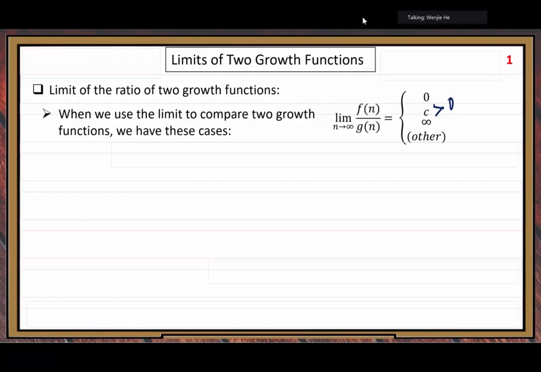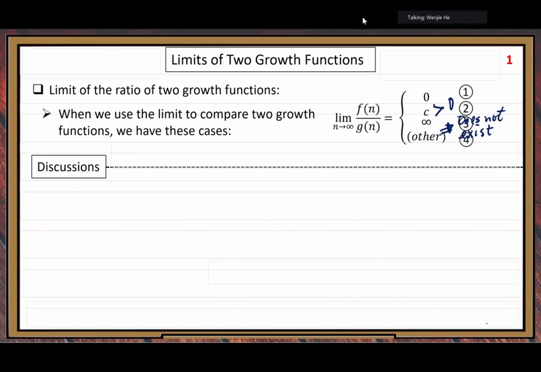So this "other" here mainly means the limit does not exist. That's possible. All right. So let's look at these 4 cases one by one.